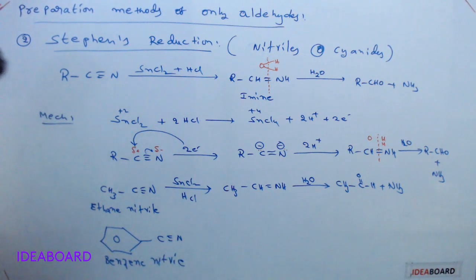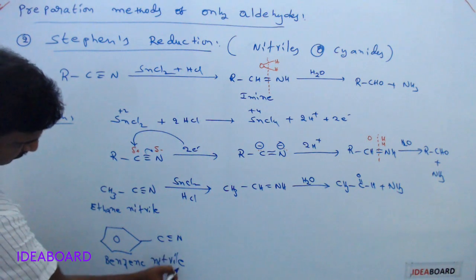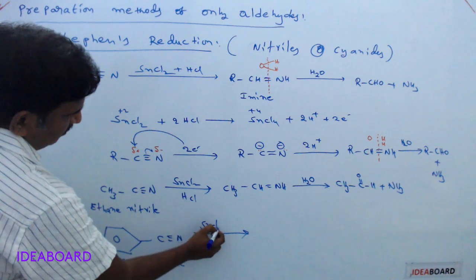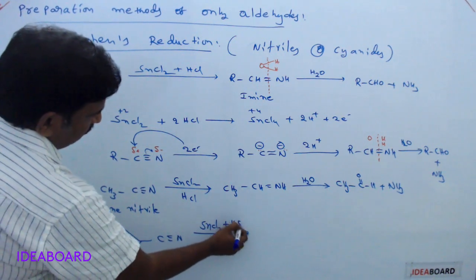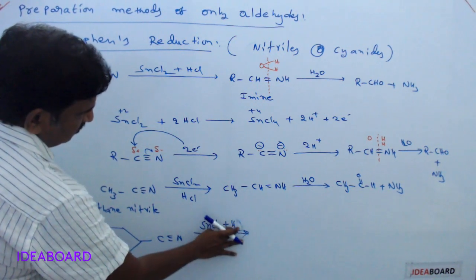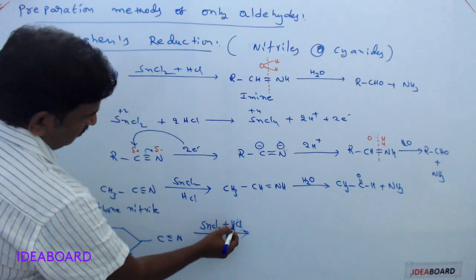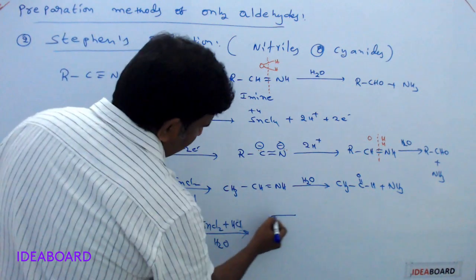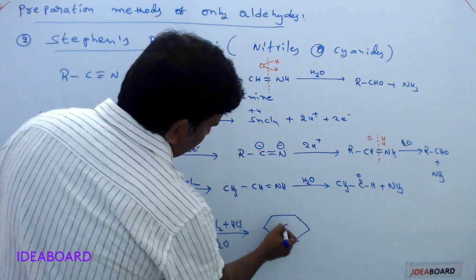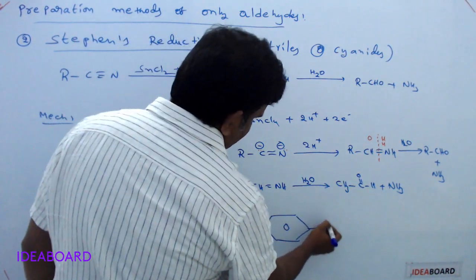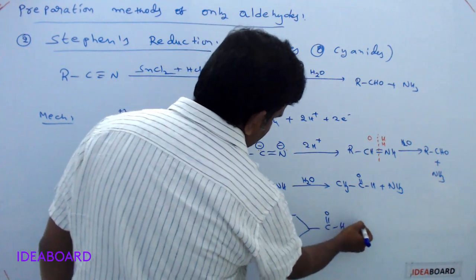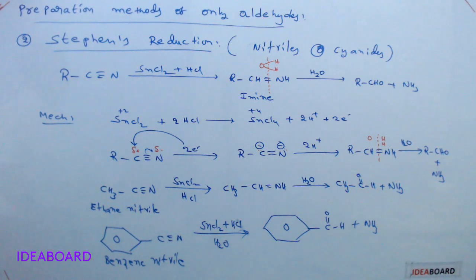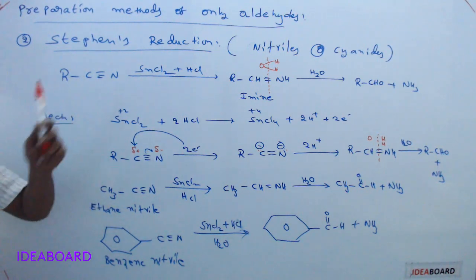By the same reaction with SnCl2 plus HCl first and then H2O, followed by hydrolysis, it finally gives benzaldehyde, C6H5CHO, plus NH3. Okay, that is the Stephen's reduction reagent.